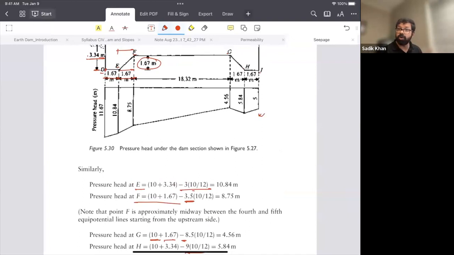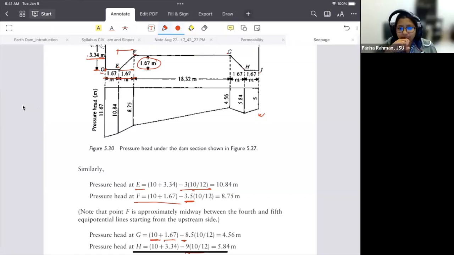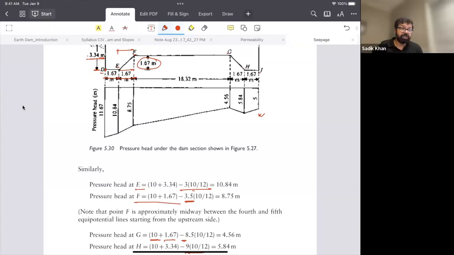Now, what will be the total force? Any idea? Of the diagram, the pressure head diagram. The total force is the total pressure head, right?